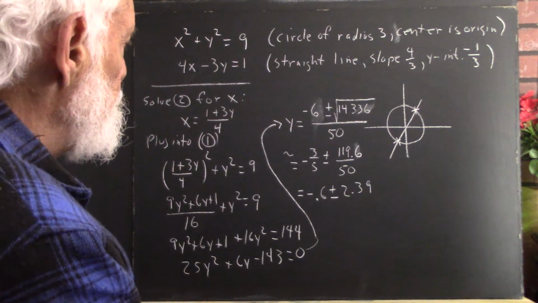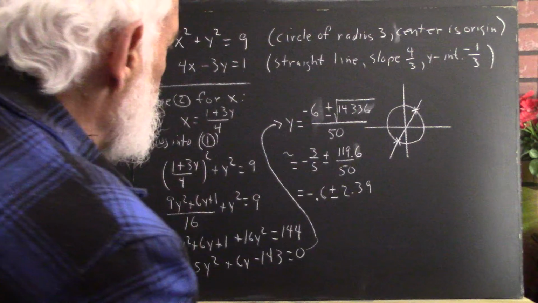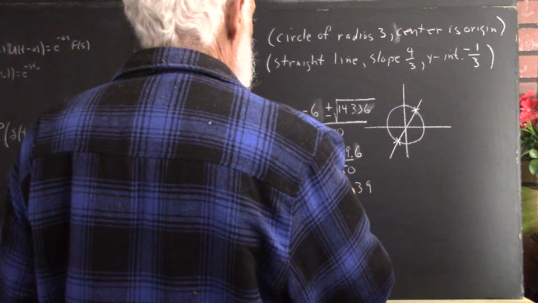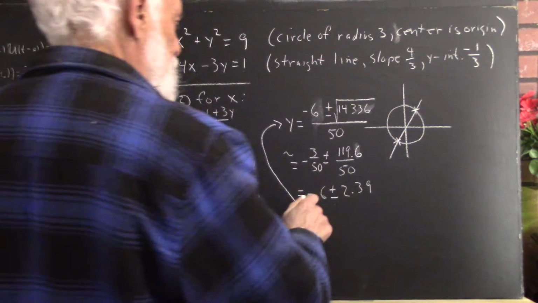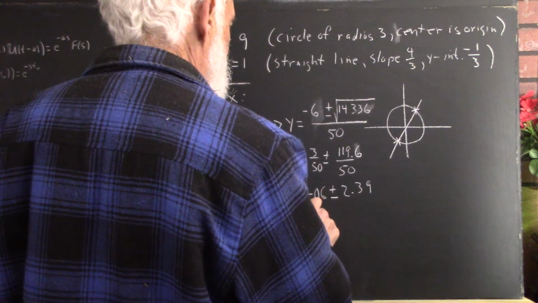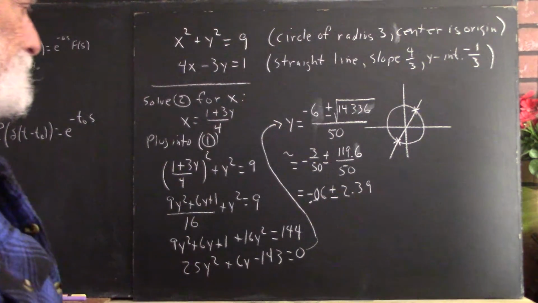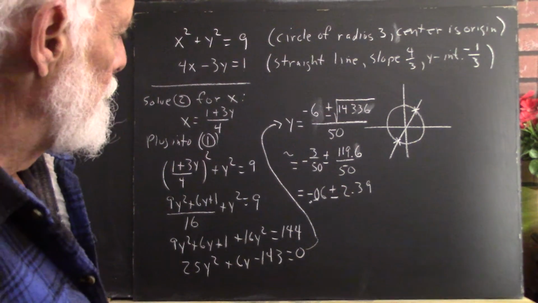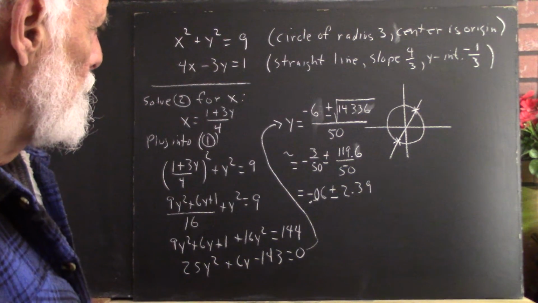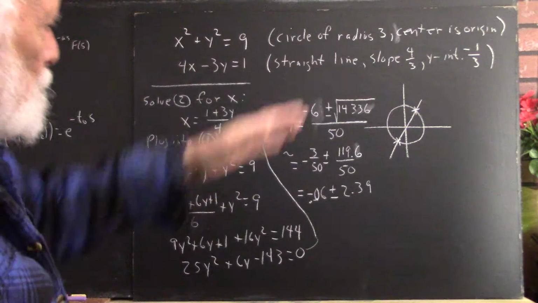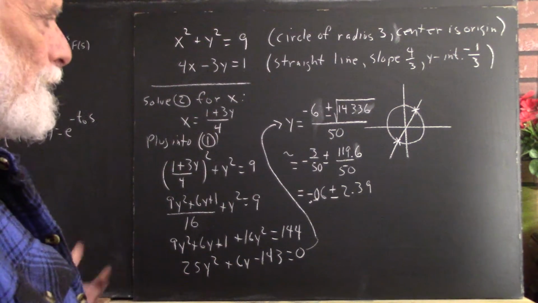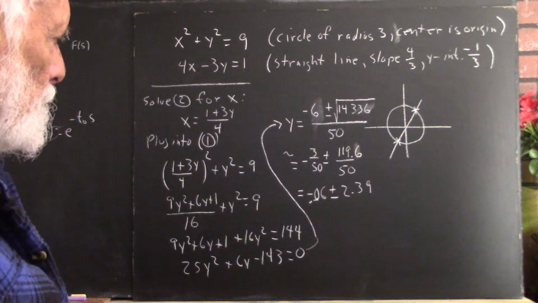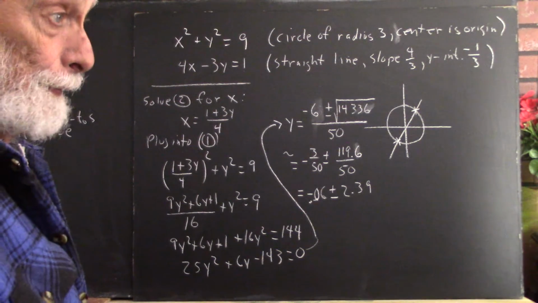Could be that my estimate here isn't very good. Oh, wait a minute, that's negative 6 over 50, not negative 6 over 5, so that's negative 0.06. Still not very good. Slope of 4/3. Even if the slope was 1, you would be at like negative 2.1 and positive close to 2.1. Something there seems a little bit amiss.